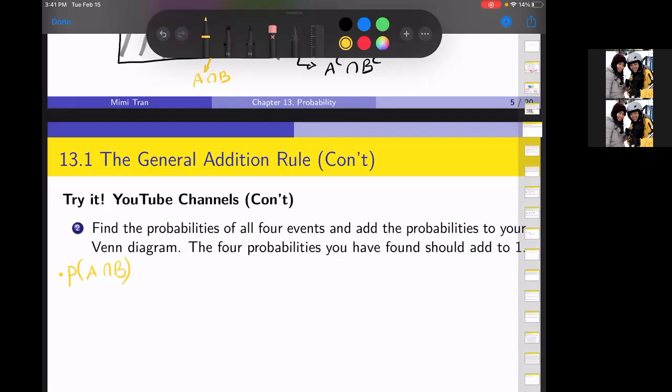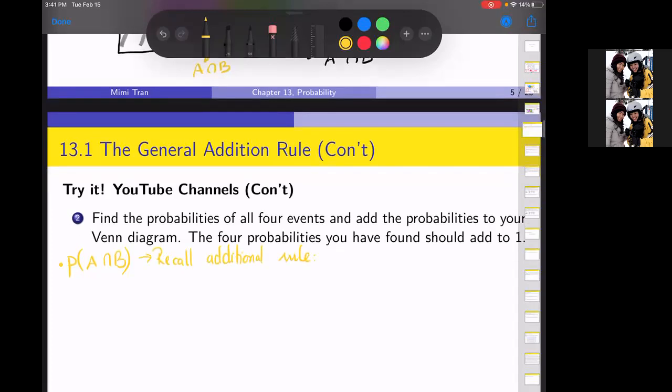Someone said something earlier. How do I find P(A and B)? You know the formula that has A and B in it. Yes, the addition rule, very good. So recall the addition rule. I tend to write things out, so later when you read, you remember.